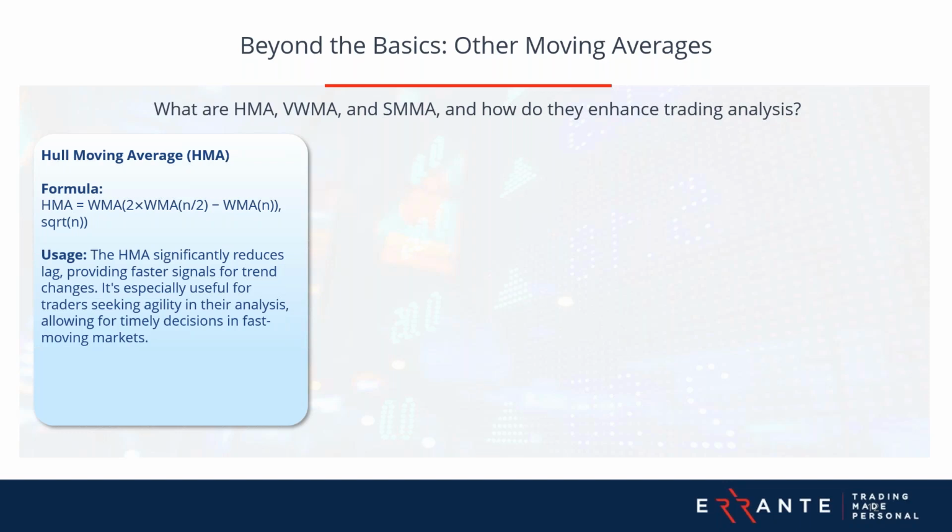The HMA stands out for its innovative approach to combining the advantages of various moving averages. It offers a formula that significantly reduces the lag. This is achieved through a clever calculation that effectively doubles the weights of the moving average's midpoint, subtracting the lag of the longer period to provide a smoother, quicker line.